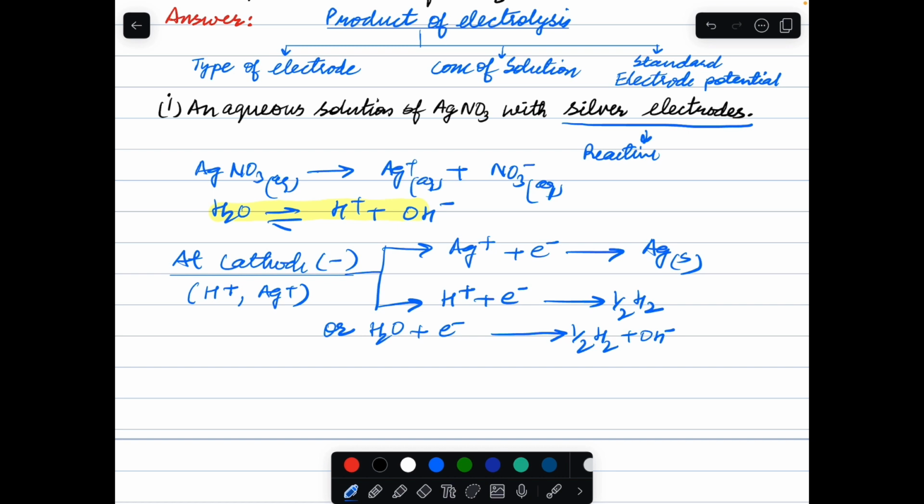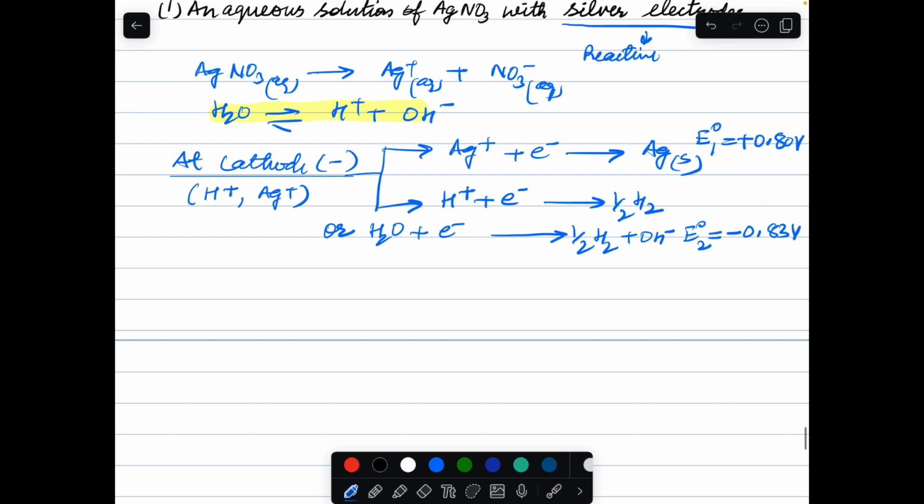So for the first reaction, your standard electrode potential, E naught 1, is equal to plus 0.80 volt, and for the reduction of water, suppose it is E naught 2, it is equal to minus 0.83 volt.